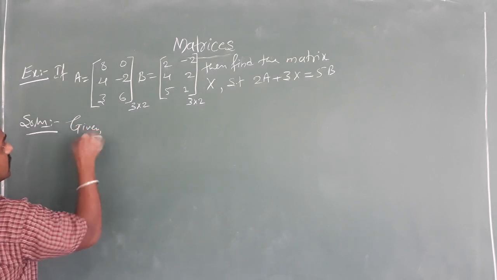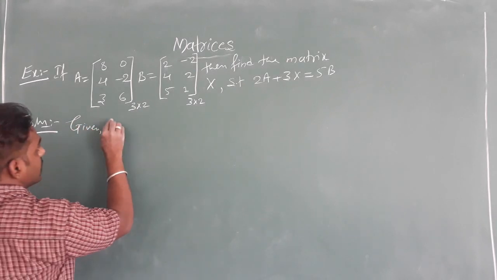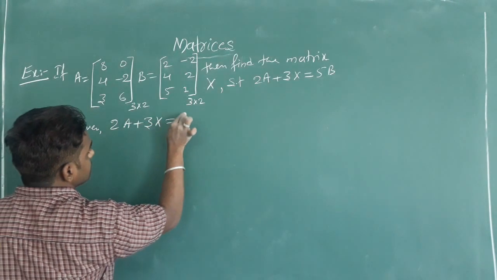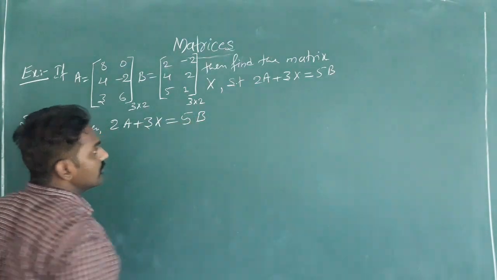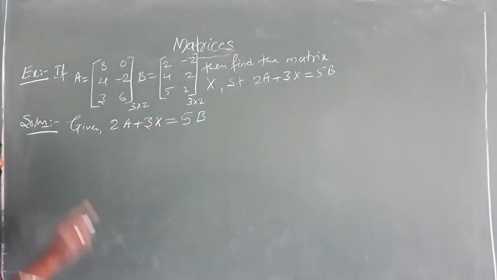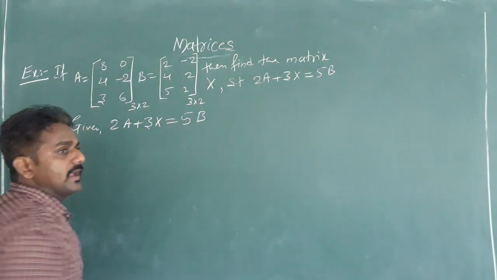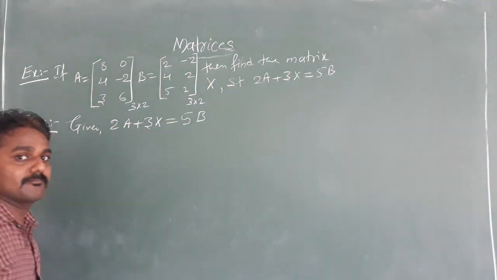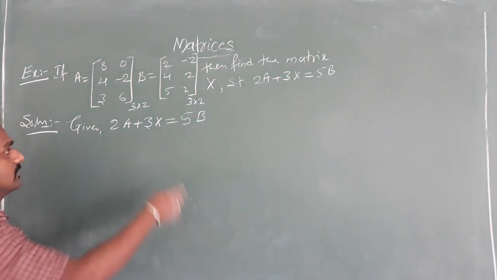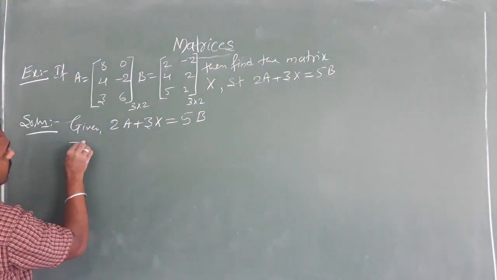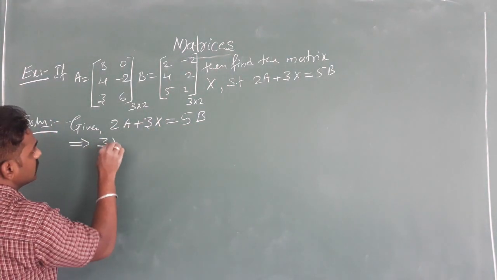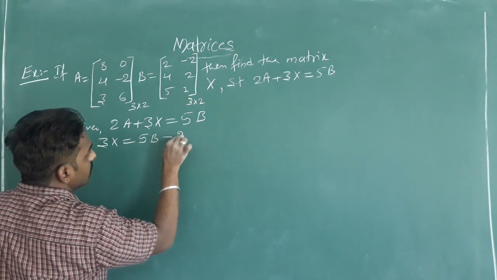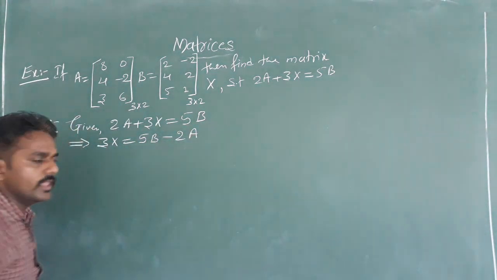First, the given equation: 2A plus 3X equals 5B. What do we want? We want the matrix X, that is also of the order 3 by 2 only, isn't it? Yes. So can we write this as 3X equals 5B minus 2A?